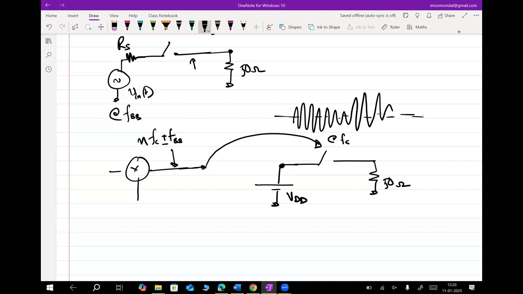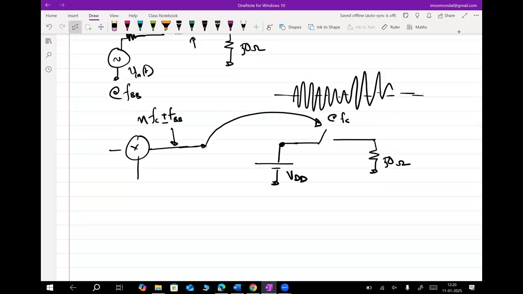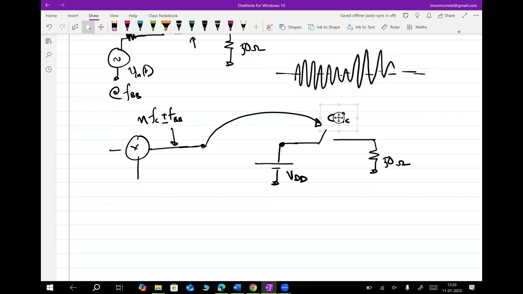So to make matters simpler, what I will do is I will say that instead of the control voltage being a sinusoid, let's assume the control voltage is a square wave at FC. Right? So let's say this control voltage is a square wave whose period is Tc, right?